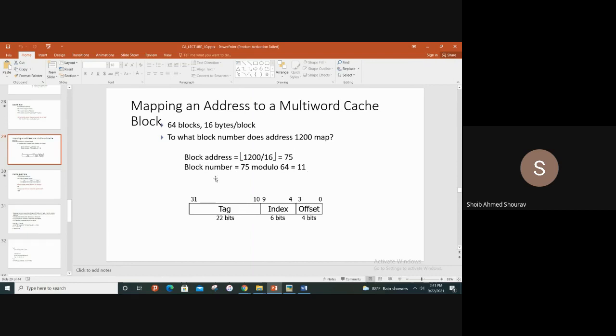Okay. Now, if we have to design the memory field, it consists of tag, index, offset. Remember, index plus offset is the selection bit.